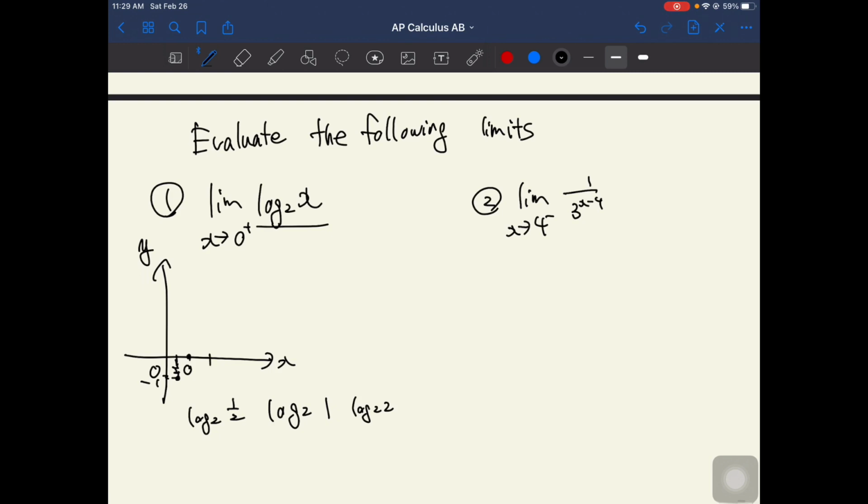And log base 2 of 2 is 1. Oh no, this one, sorry. It's not 0, it's 1. And log base 2 of 4 is 2. So the graph is going to be like this.